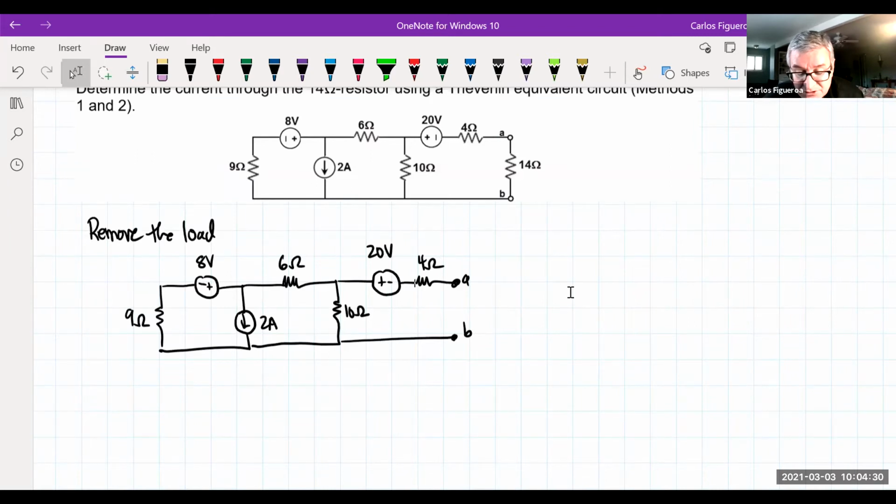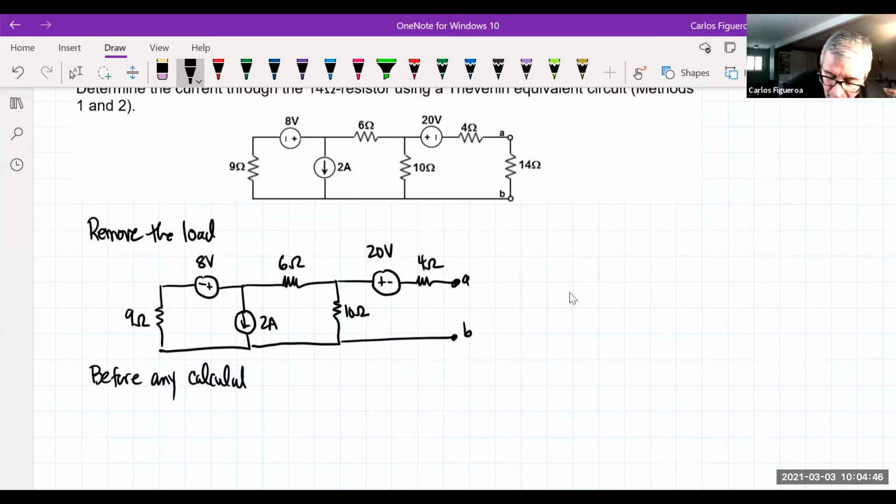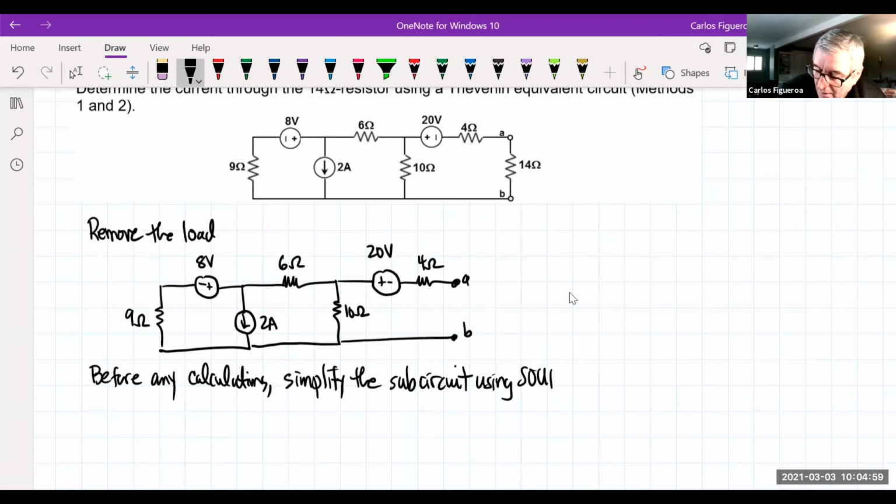And one of the things that you're seeing here is that I can use source transformations. Okay. So what I'm going to do here is that before any calculations, simplify the subcircuit using source transformations.